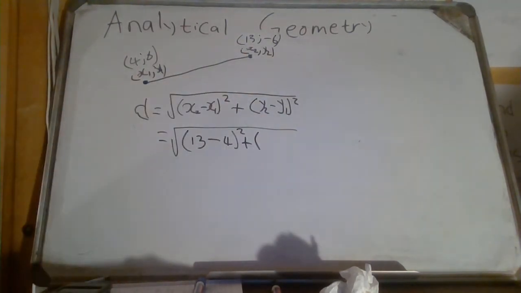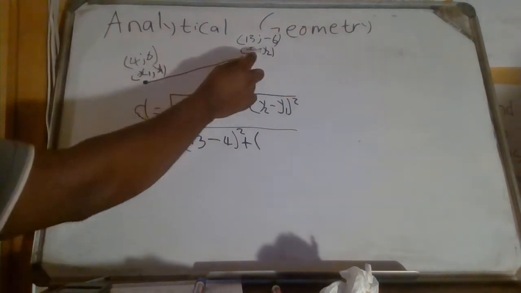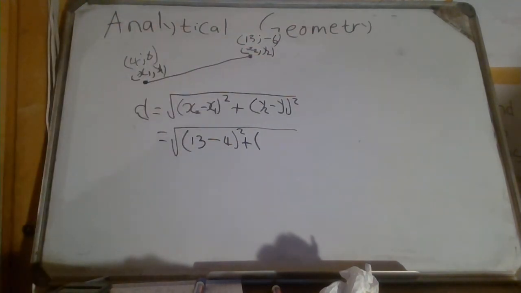Open this bracket. Now, where is y2? y2 is minus 6. Now, that is where the problem starts, because we've always been having numbers that are positive. Now we are having a number that is negative. What do you do in this instance?